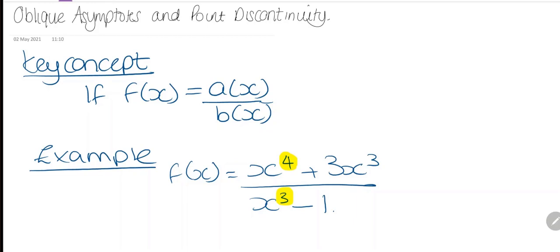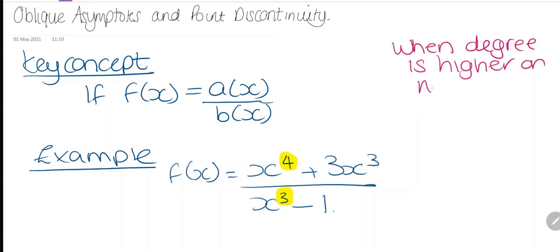So when the degree is higher on the numerator, we know that there is no horizontal asymptote.